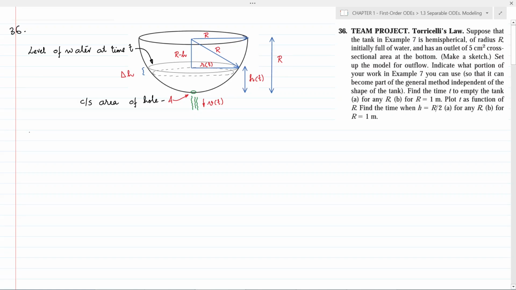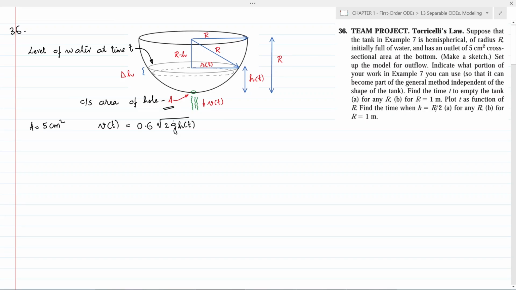It has been given that the cross section of the hole at the bottom of the tank is 5 centimeter square, that is A equal to 5 centimeter square. If we assume that the cross section of the hole is A, and from Torricelli's law we know velocity of water coming out of the hole equal to 0.6 square root of 2g h of t.